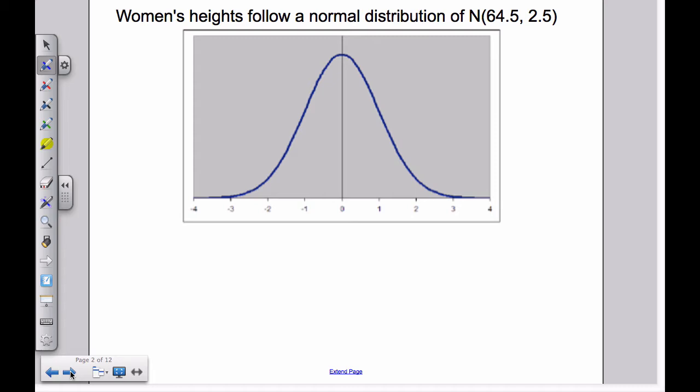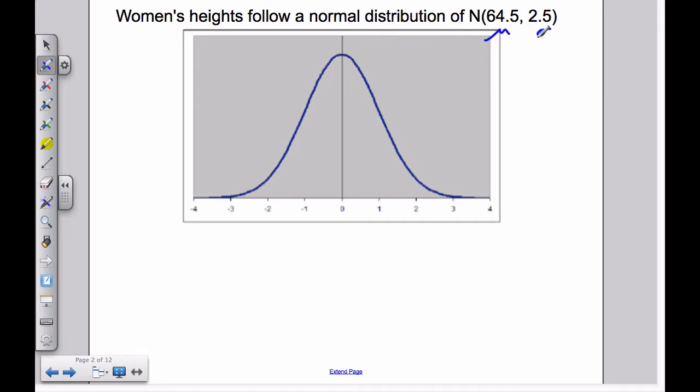Women's heights follow a normal distribution with a mean of 64.5, that's a population mean, and a population standard deviation of 2.5. That's normally how we would write it out: normal distribution with mu being your mean and sigma being your standard deviation.